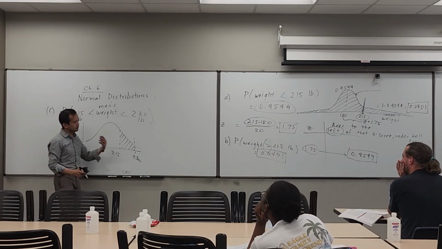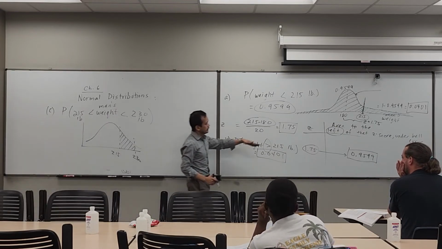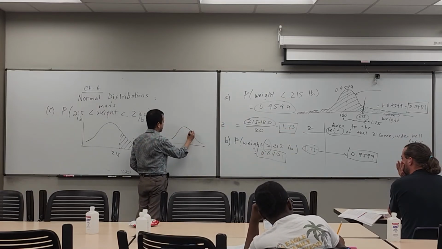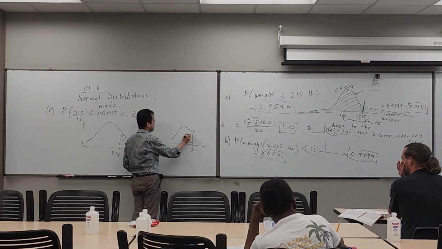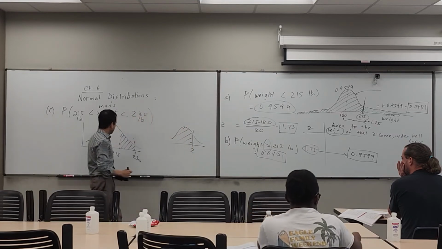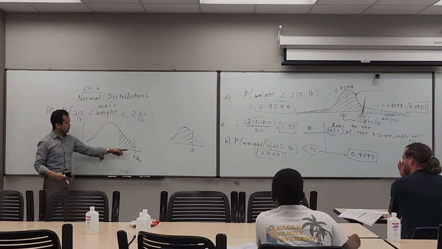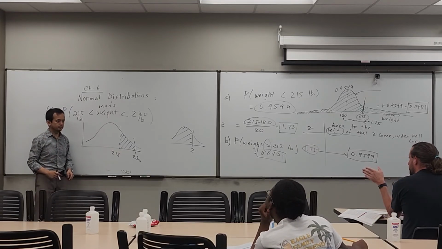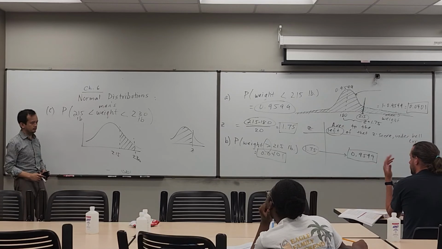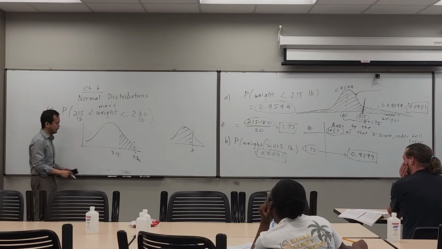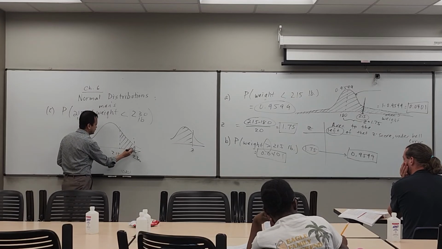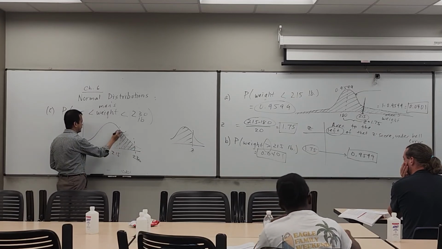You know that we can use the z-score chart to find the area to the left of any z-score. That's what the chart allows us to do. So how do you think we can find a middle area between two values? Do the problem for 230, do the problem for 215, subtract the difference. Okay, very good. We know how to find the area to the left of 230, this total green area.